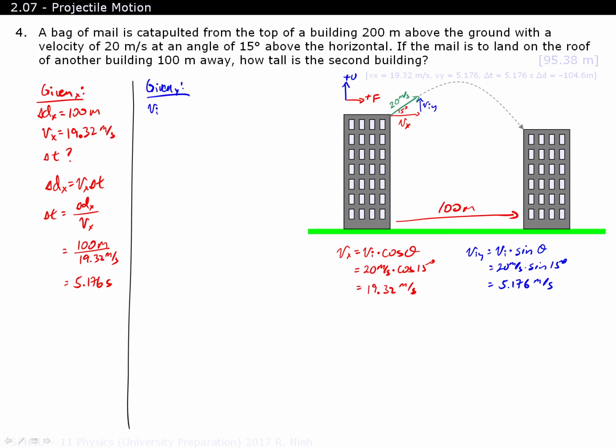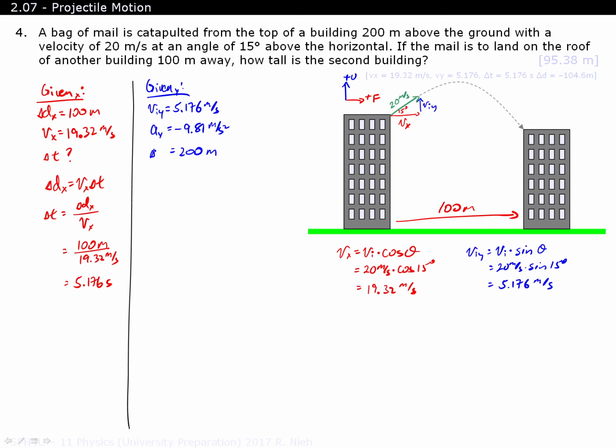We know that our Vi in the y dimension, it was launched at 5.176 meters per second. Gravity is pulling the parcel down at negative 9.81 meters per second squared. And yeah, we do know that our displacement of our building is at 200 meters above the ground.